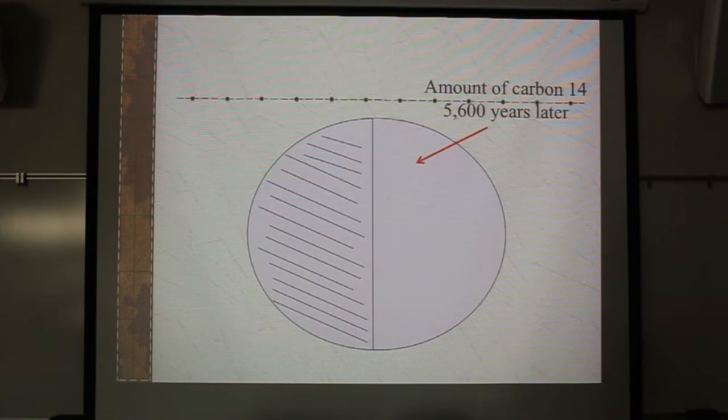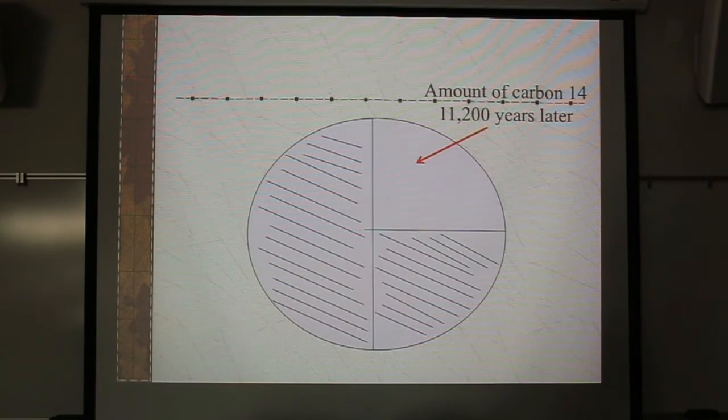Now, the next thing is, this is what you have left, okay? So the rate of carbon-14 decay seems to be pretty consistent, which means, how much is going to be left in another 5,600 years? Well, because the rate of decay does not change, what happens is you expect in another half-life, so one half-life plus two half-lives, if you add those together, that's a total of 11,200 years, you will lose another half.